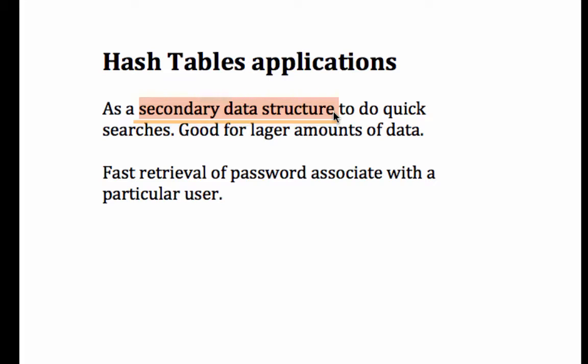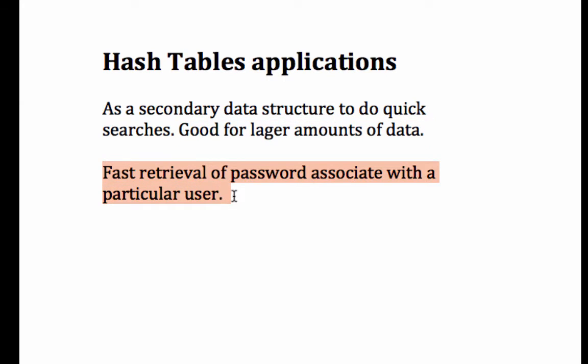It's a secondary data structure because it's a parallel data structure. We need to store some values, but we're not going to store them in order to add or delete values. We simply store them so that we can find really quickly whether or not a value is there. And they're only good if we have a large amount of data. So you've got to think big: hundreds of thousands, millions of items in our collection.